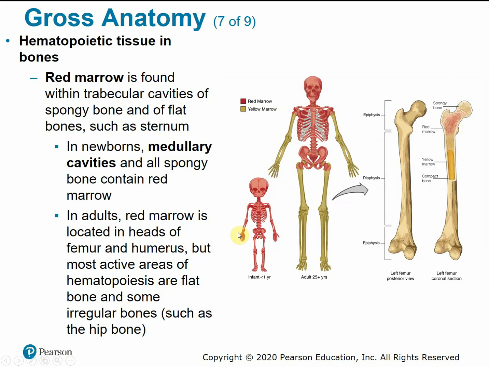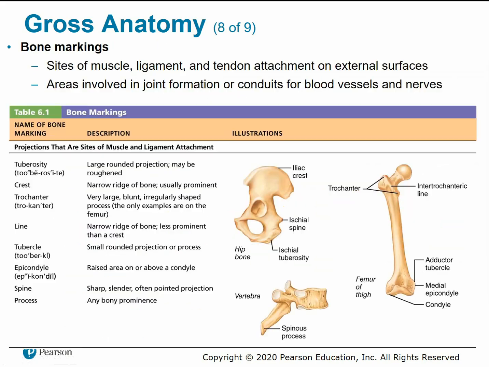In newborns and infants, the medullary cavities as well as their spongy bone will contain red marrow. However, as adults, red marrow will be limited to the axial skeleton and the ends or the epiphyses of the long bones.